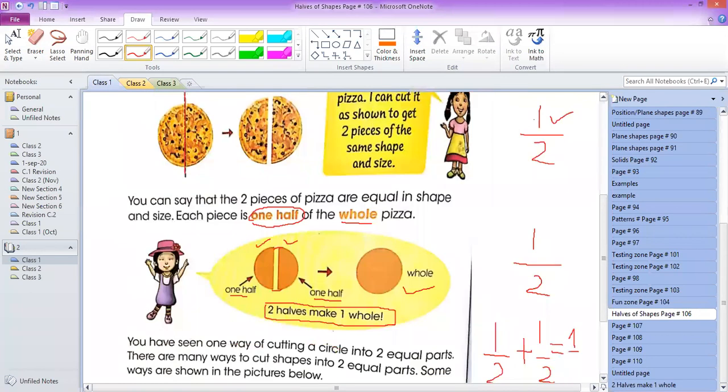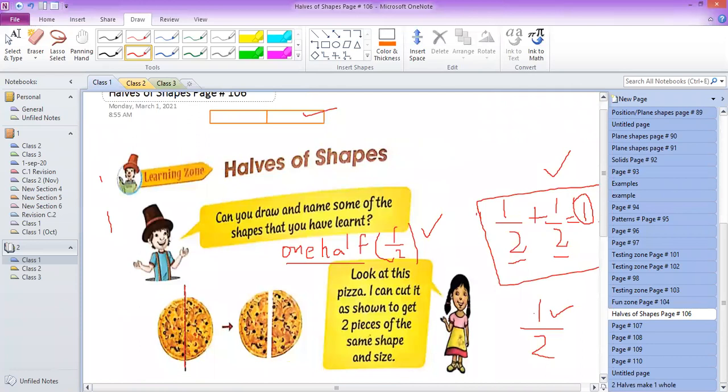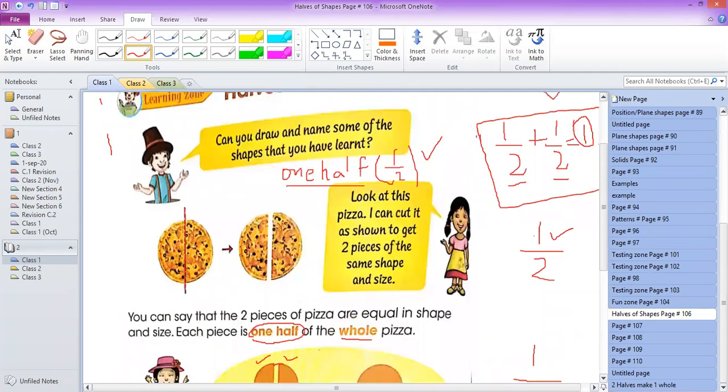Here is one more concept, that two halves make one whole. Two halves make one whole. Like 1 over 2 plus 1 over 2 is always equal to 1. What does that mean? That means if you cut a pizza into two equal pieces and you eat both pieces, that means you eat the full pizza.